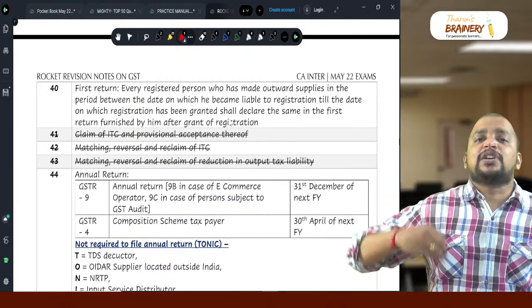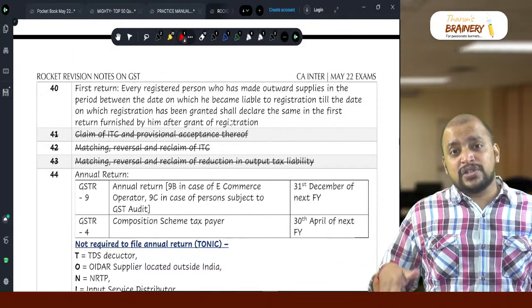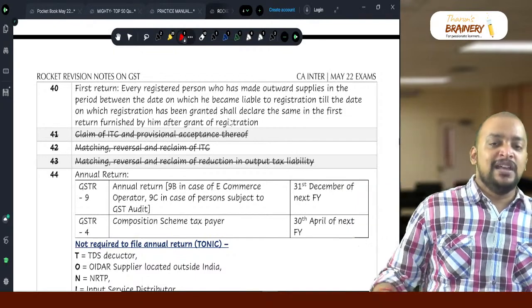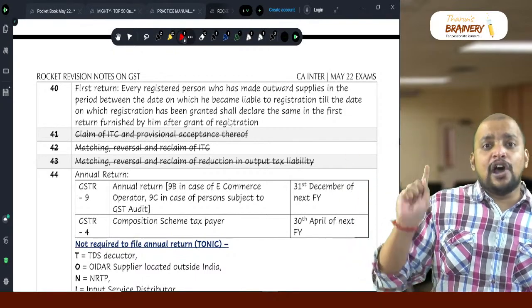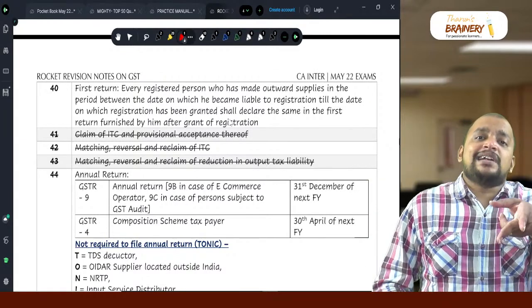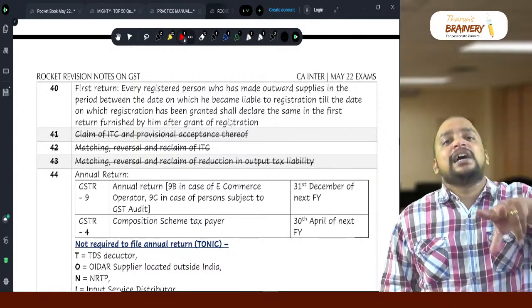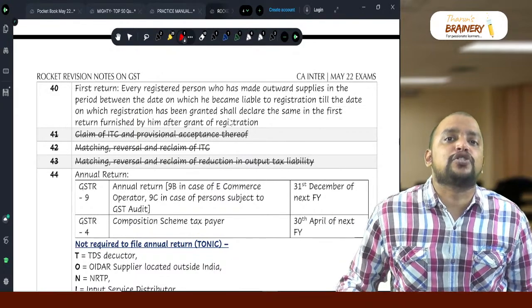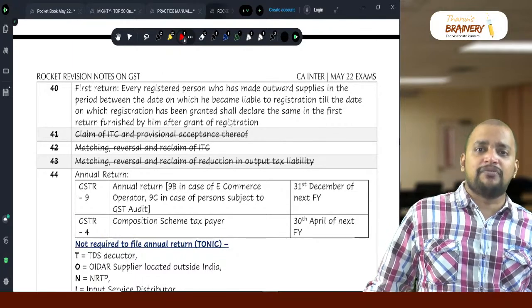He made application by 31st July and he got registration on 8th of August. Now he will be filing the first return for August month. Not only the August month details but also the July month details, after the date he is liable to get registered, that is from 5th July onwards, before the date he gets the registration certificate. So whatever details should be reported in the first return, that is section 40.